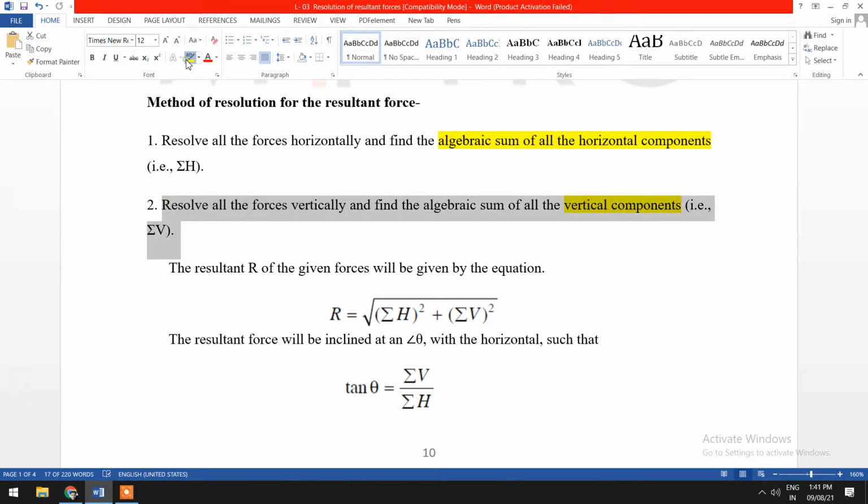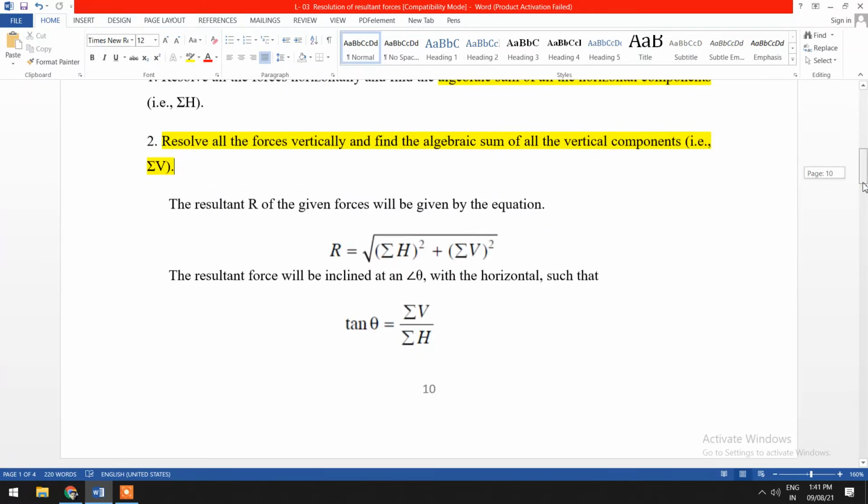After getting the values of the horizontal and vertical components, we will find the resultant.